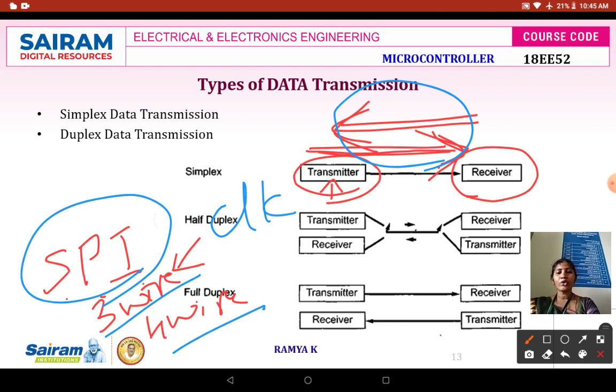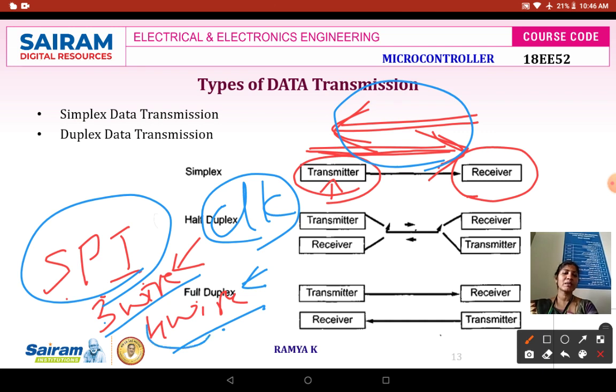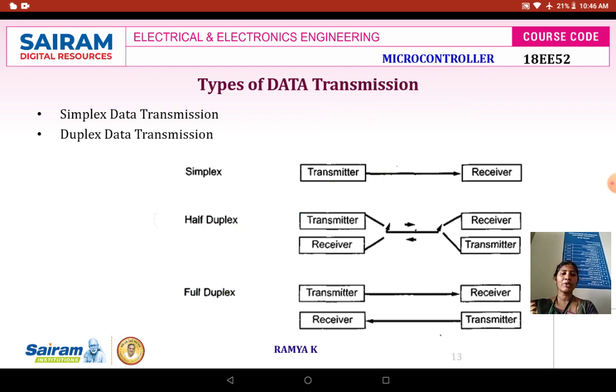In the 3-wire protocol, 2 wires transmit the data in both directions and the third wire is for your clock pulse. Whereas in the 4-wire protocol, the fourth wire is for your slave. That is, to select which one should act as a slave, that will be selected with the help of the fourth wire available in the serial peripheral interface.